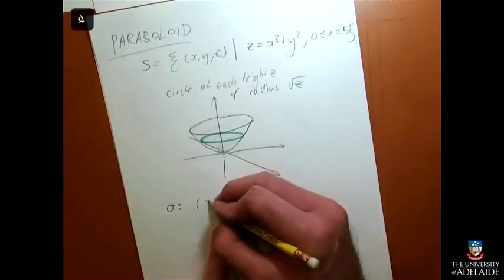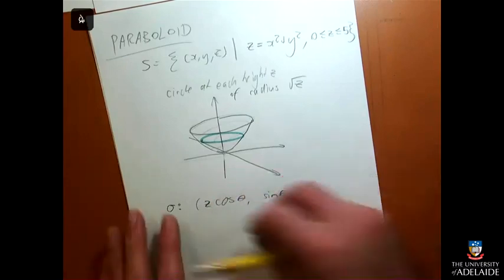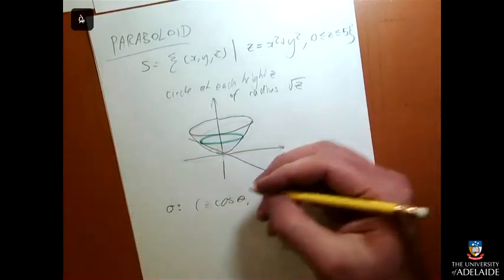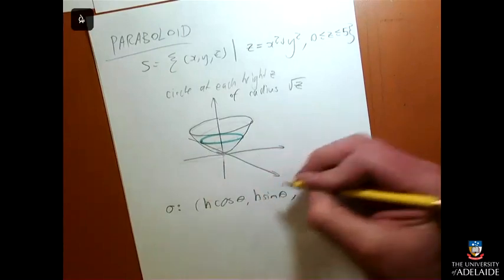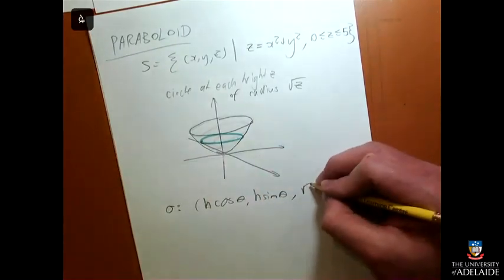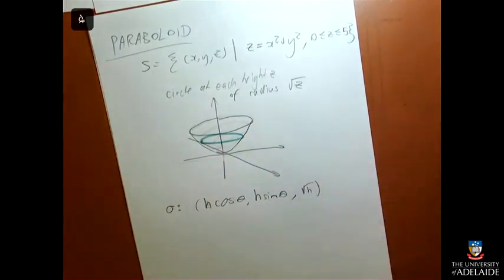And if it's at height z, I can just use z if I want, but traditionally you don't use the same letters that you used in the others, so if you want, that'll work fine. I don't really want to do the derivative of a square root, so I might change this in a second, but this is one way of doing it.